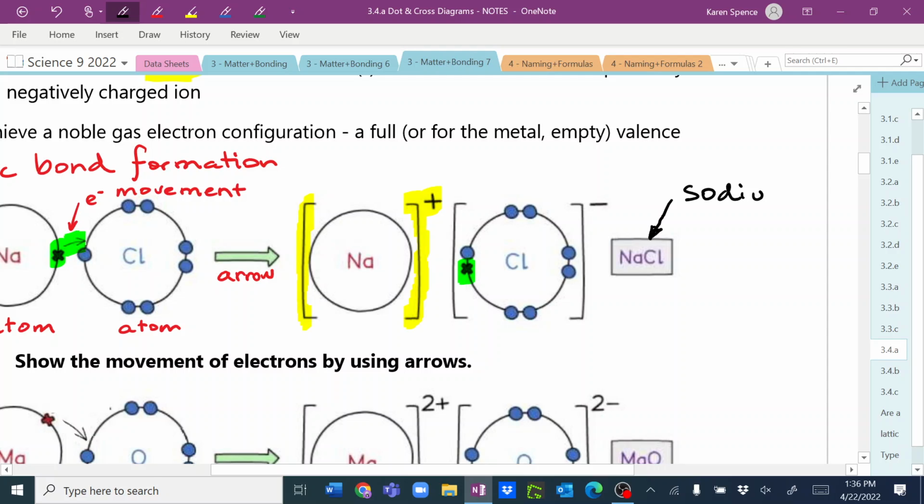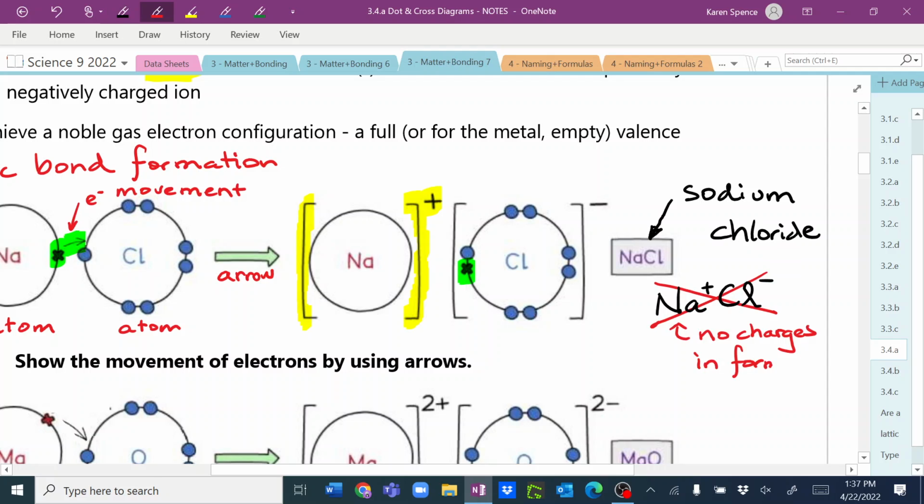We don't write charges in the formula. When you have an ion on its own, you write the charge, but once it's in a compound, you do not write the charge, okay?